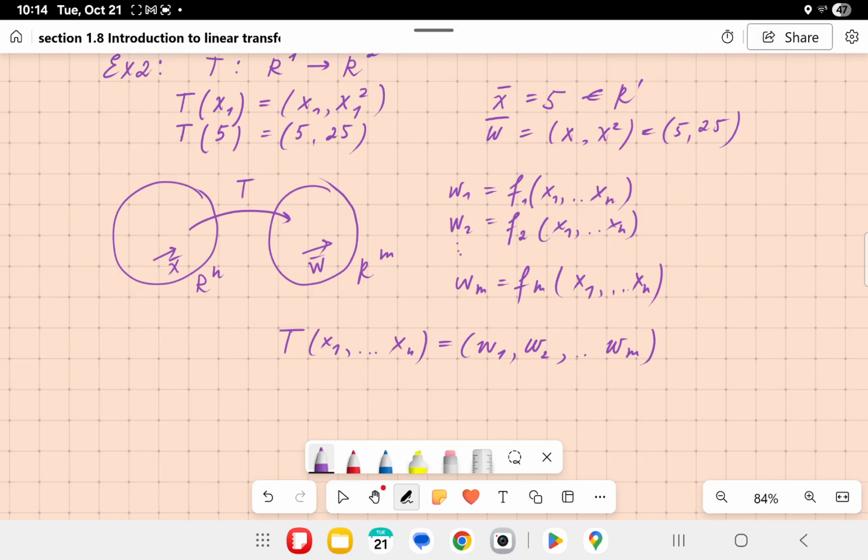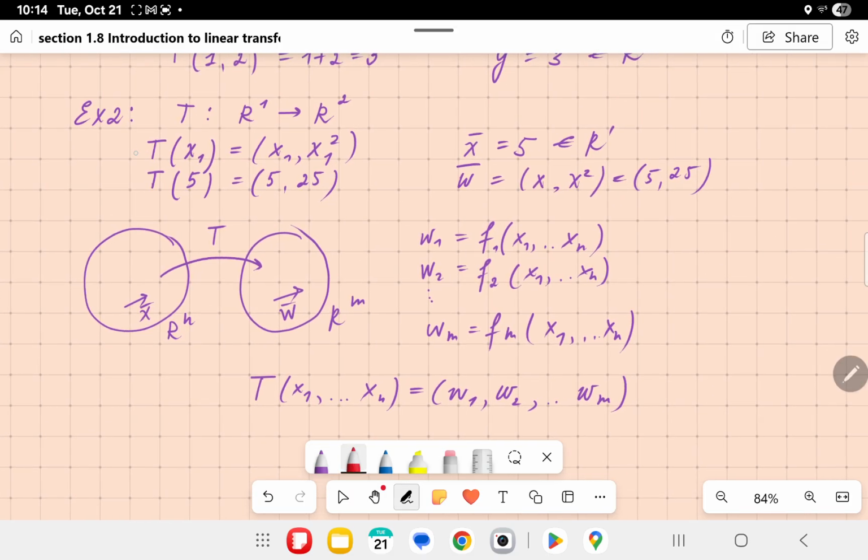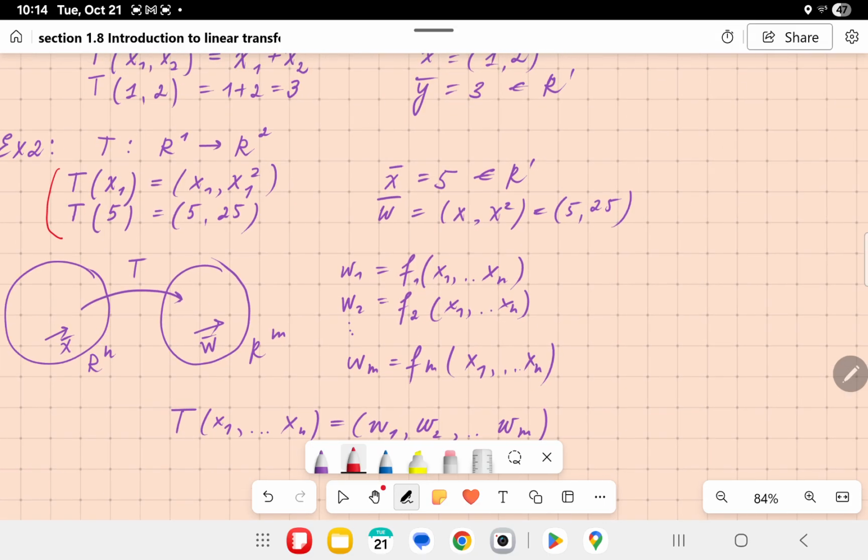Well, maybe I'm going to go back and tell you what the functions are going to be. For example, let's consider example 2 again. So for example 2, I'm just going to move a little bit. This is going to be w1 and this is going to be w2.